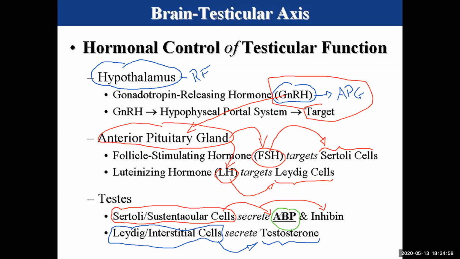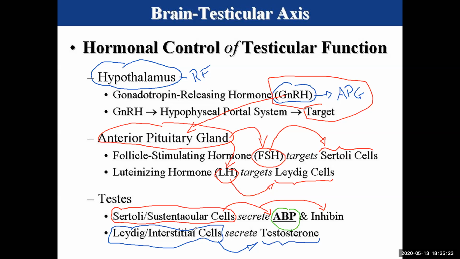Again, androgen. Androgen means male sex hormone. Binding protein. So this chemical messenger binds to testosterone. In other words, it concentrates testosterone around the Sertoli cells, right?